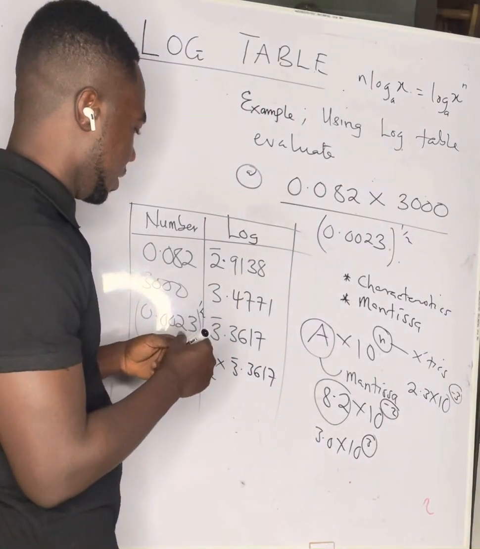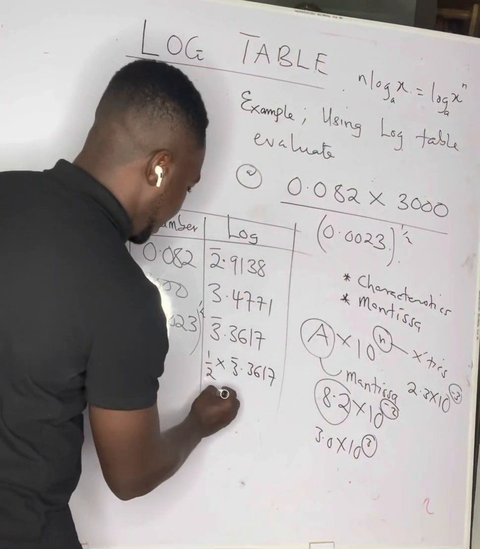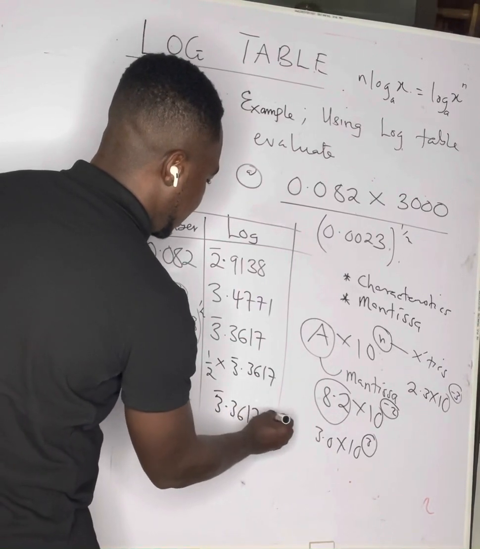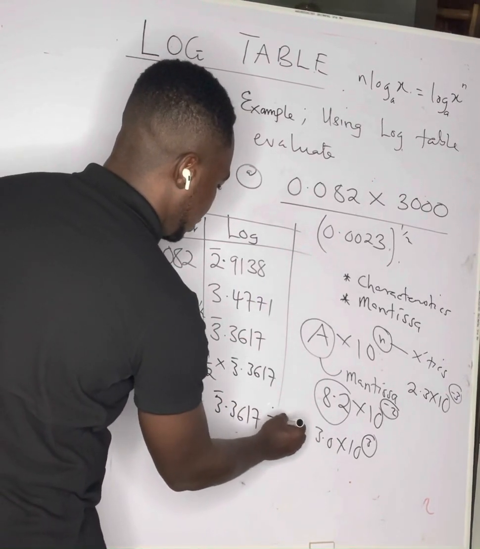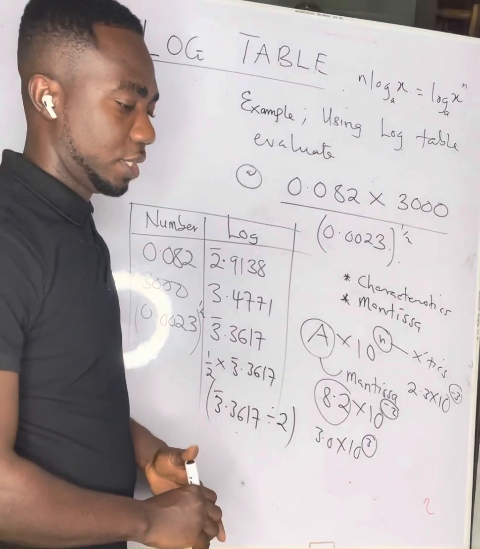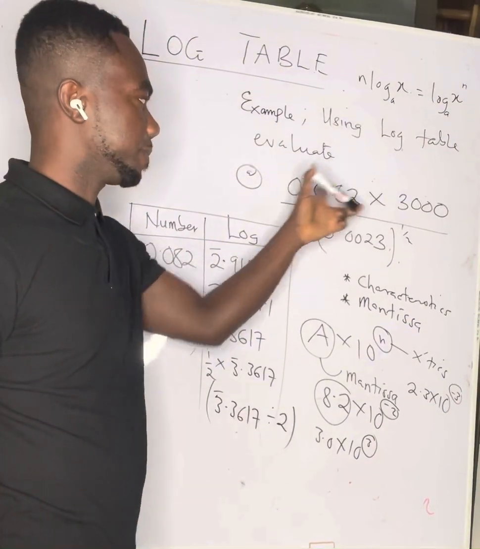So this is the same as negative 3.3617 divided by 2. Before we come to this, let's first look at the addition property here.